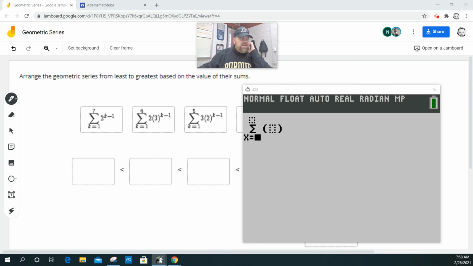So I'm going to hit X. We're going from 1 to 5, so it'll be 5 terms. My initial term is 3, my common ratio is 2, and I'm going to raise that to the x minus 1 and hit equals. So that one is 93.